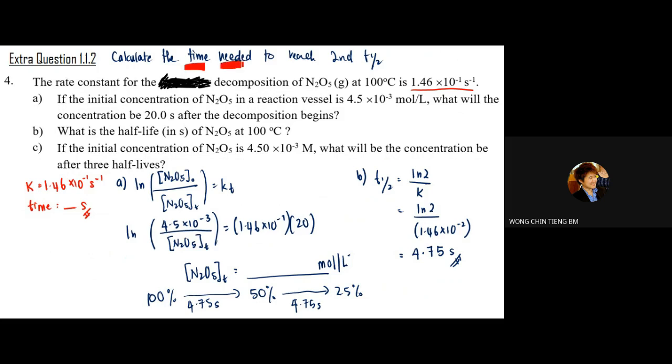The time needed to reach the second half-life. It means I start here. That is my initial. I move from the initial and I want to reach the second half-life. 4.75 plus 4.75. 9.5. Right?